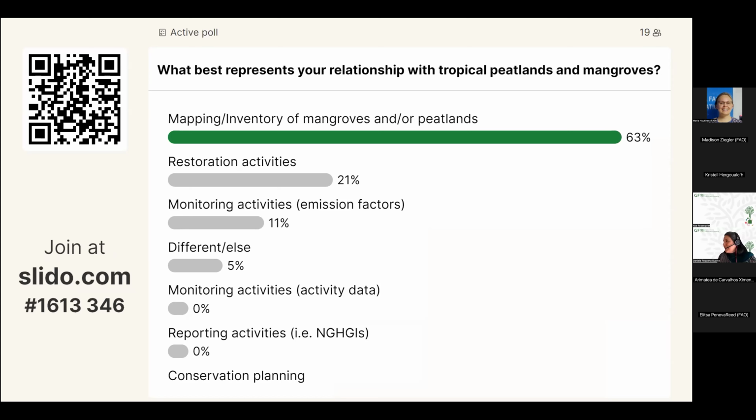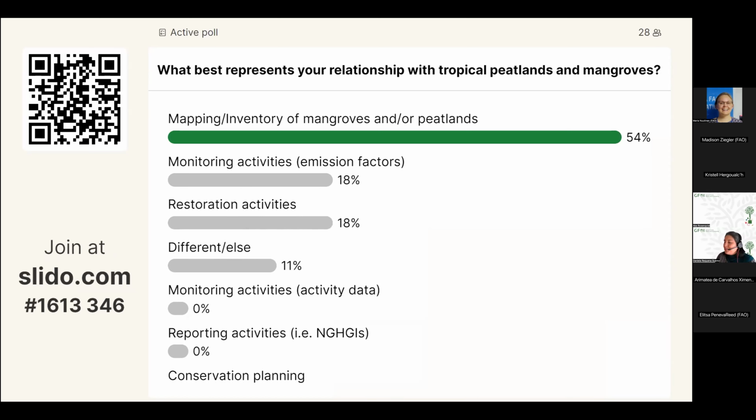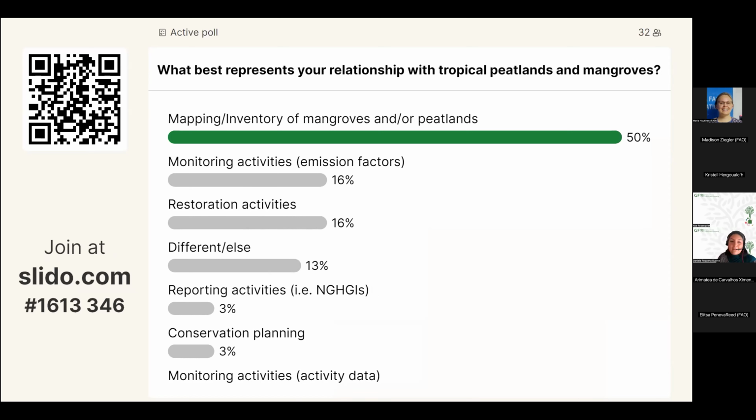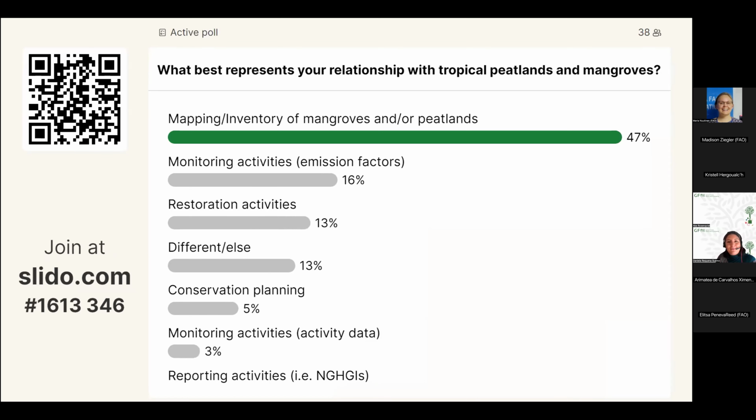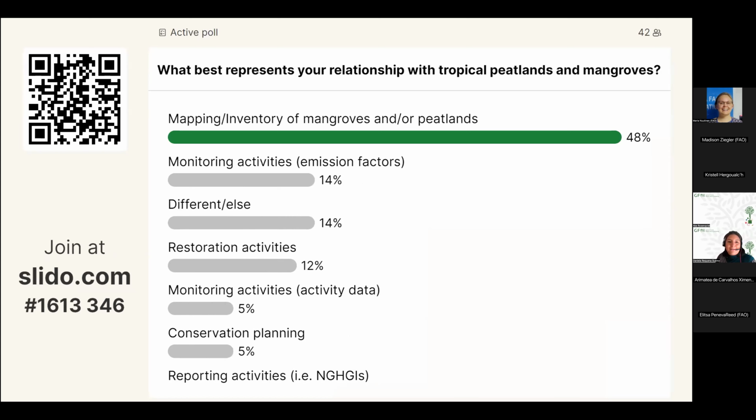Right now I can already see from the answers as they are coming in that there are quite many of you that are involved in the mapping or the inventory of mangroves and peatlands. This is a topic that we will hear about later on from one of our speakers. And then, of course, there are also quite a few of you involved in developing emission factors for these ecosystems, which is also a topic that one of our presenters will touch upon.